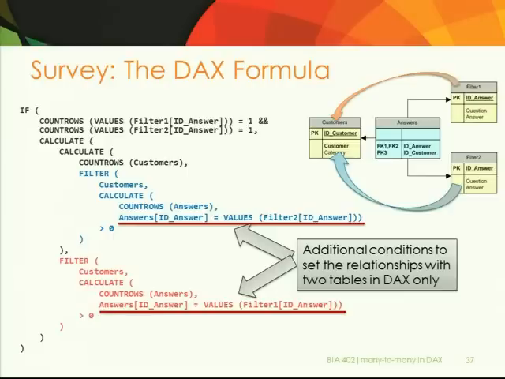These 2 conditions are used to force a relationship, to create the relationship we have not created inside the data model, because these relationships are non-existent. So this additional condition is simply used to force the usage of a specific relationship that is not present inside the data model. Apart from that, this is just the application of 2 filters on the fact table, and the intersection of both is applied to the customer table.